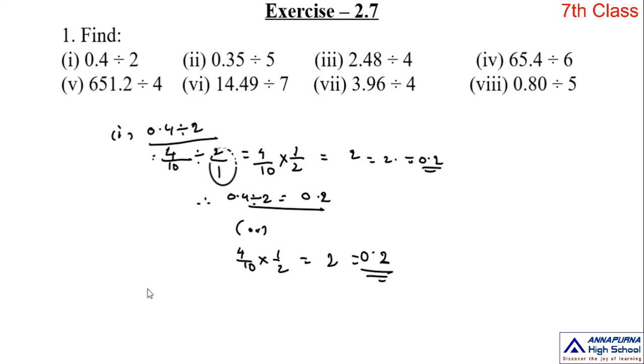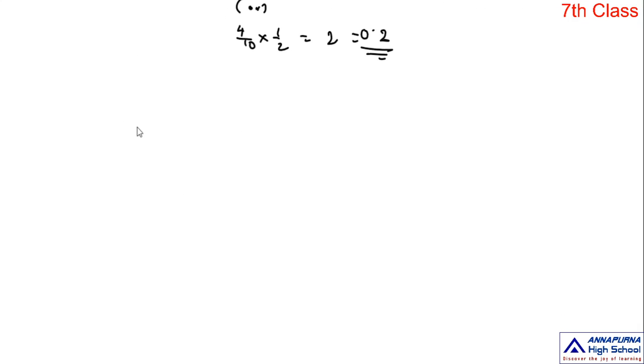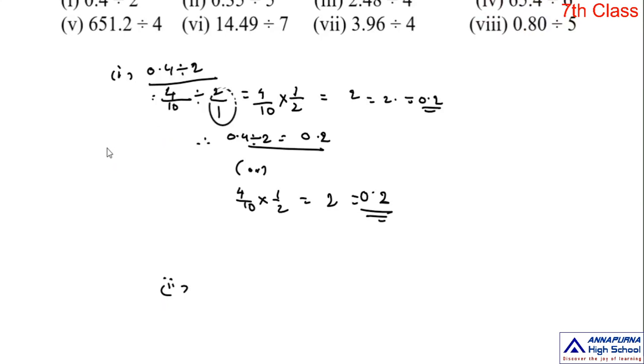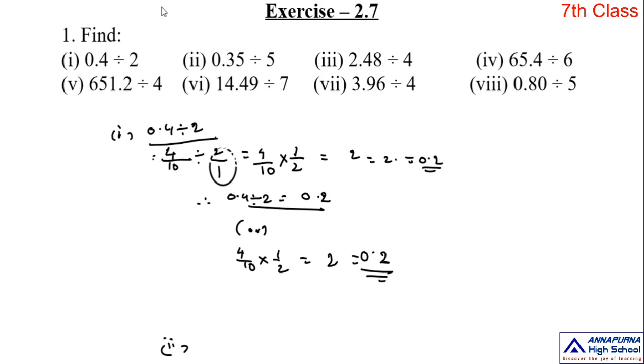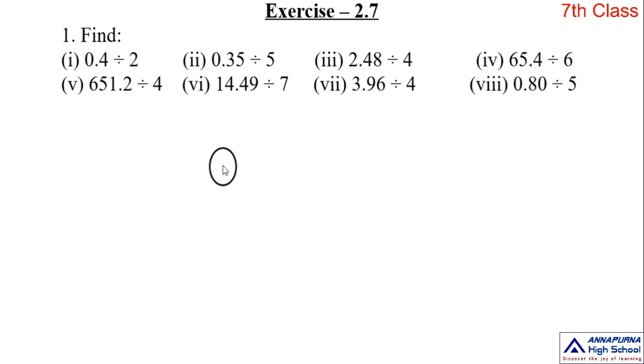Next, second one is 0.35 divided by 5. This is the same. 0.35 means 35 by 100, the point being after 2 digits, right?